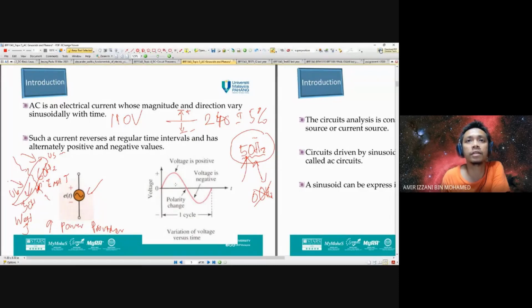If 50 hertz, this is a sine wave. One cycle, how long is one cycle? F equal to 1 over T, so T equal to 1 over F. Try to calculate, or maybe you can guess. 1 over 50 hertz.